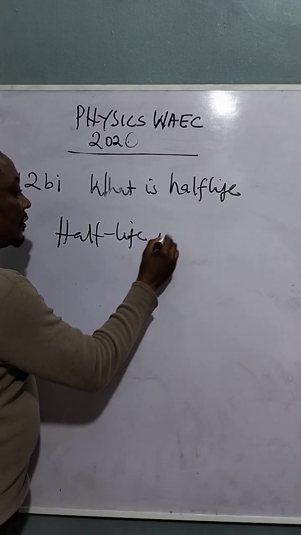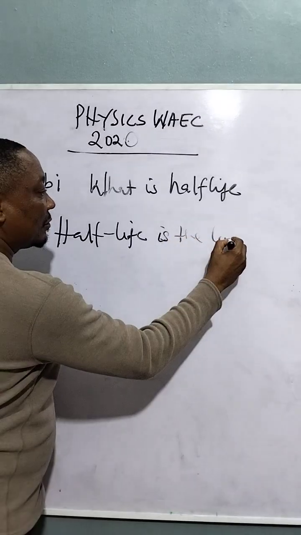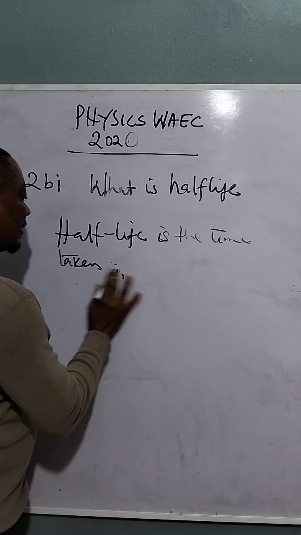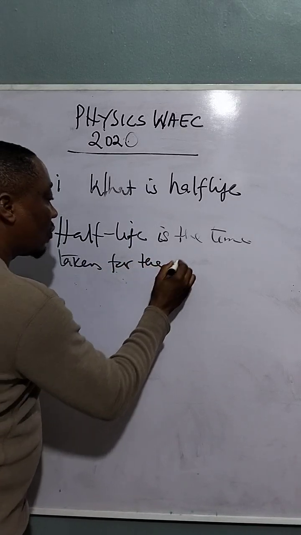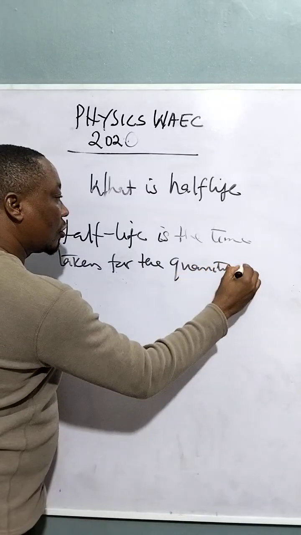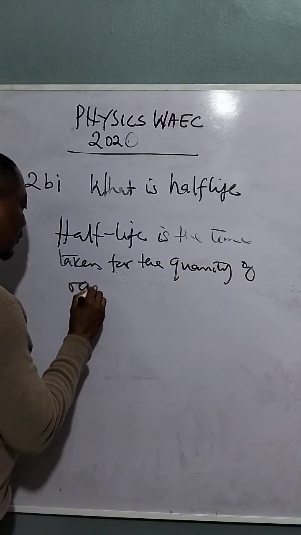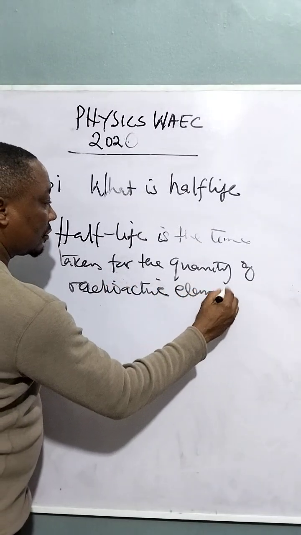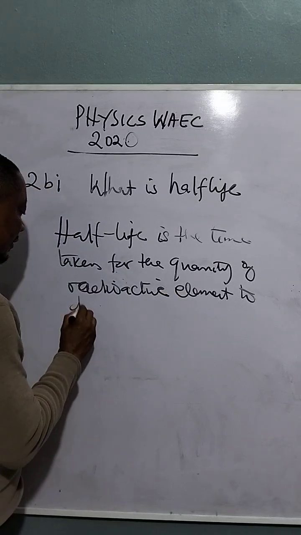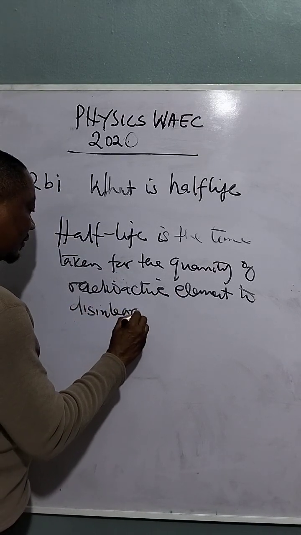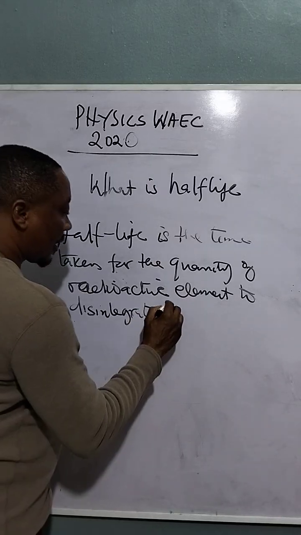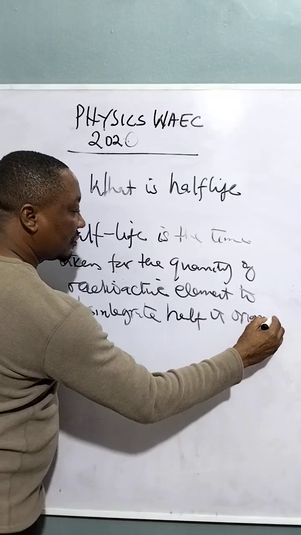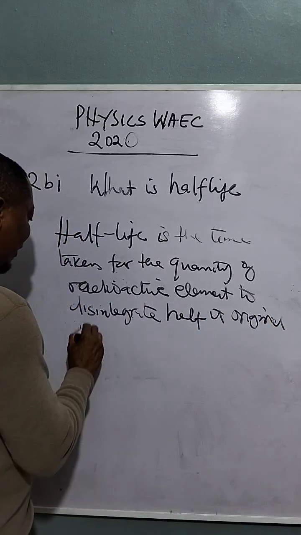Half-life is the time taken for the quantity of radioactive element to disintegrate to half its original value.